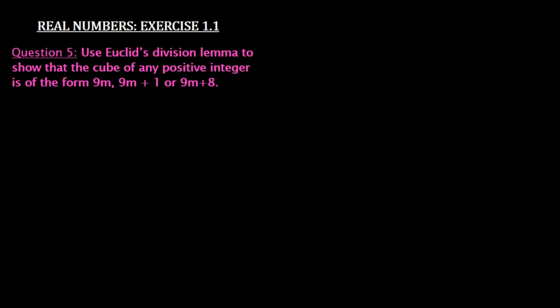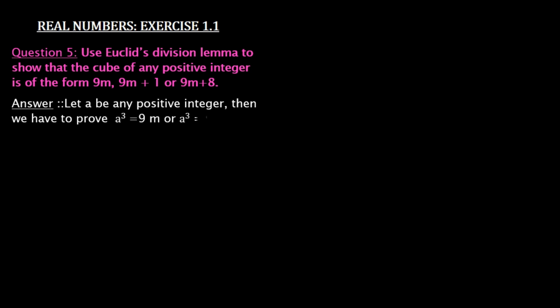For that, let a be any positive integer, then we have to prove a cube equal to 9m or a cube equal to 9m plus 1 or a cube equal to 9m plus 8, m being any integer.